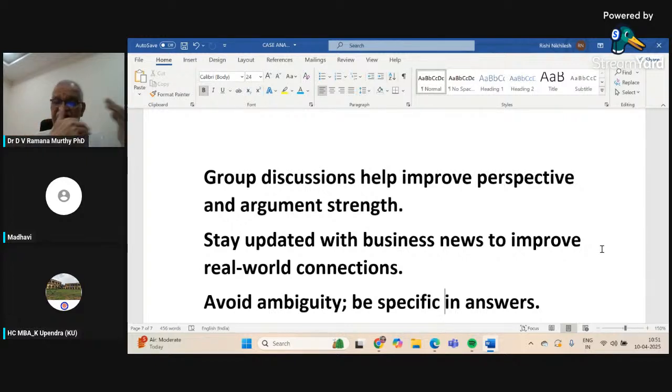Whenever you say something and another person says something, and the group discussion happens seriously, you can understand, oh, there is one more point I missed. This is a different perspective. You can improve your perspective in looking at things differently.